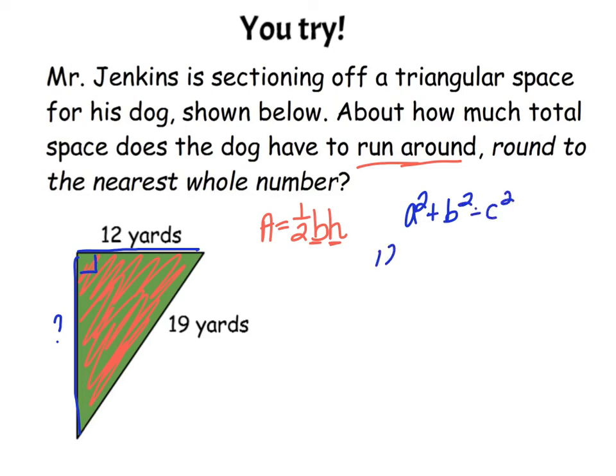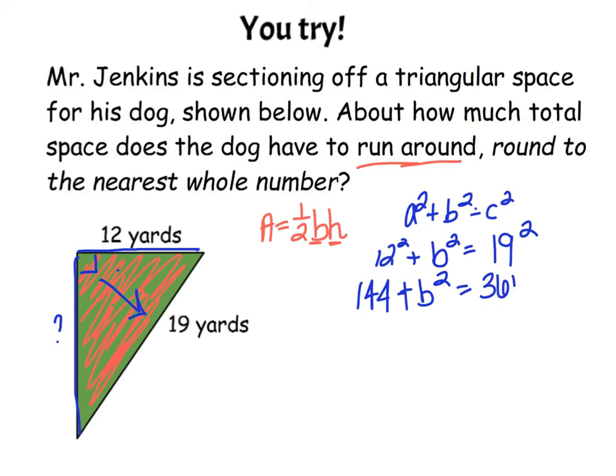So the 12 is going to go in for a, since it's one of the legs. I don't know that other leg. And the 19 is going to go in for c because it's the line across from my right angle. So 12 squared is 144. 19 squared is 361.